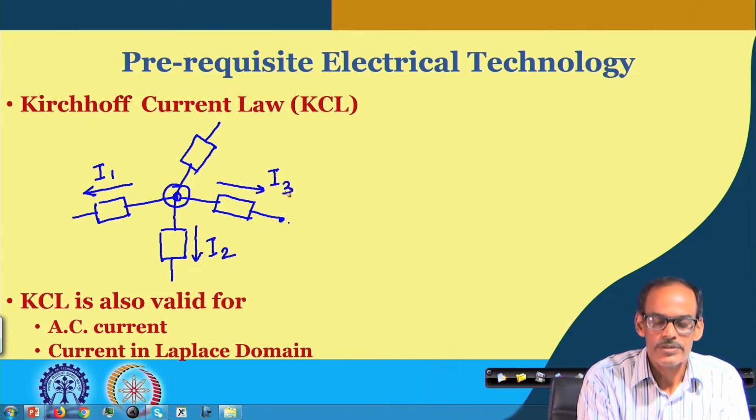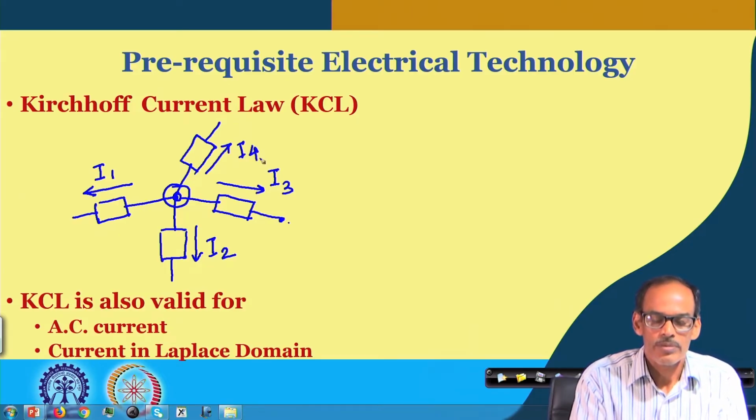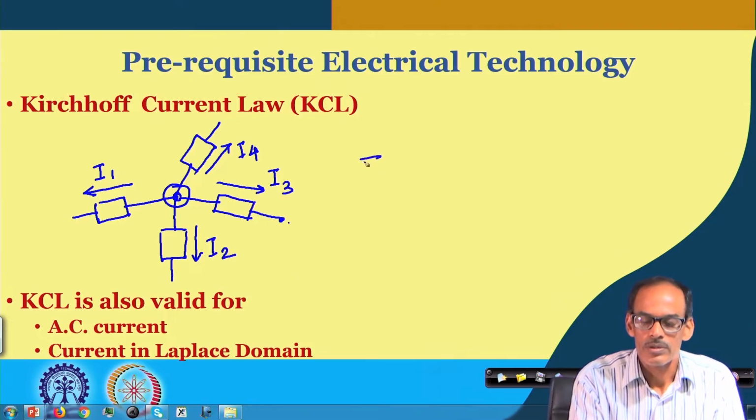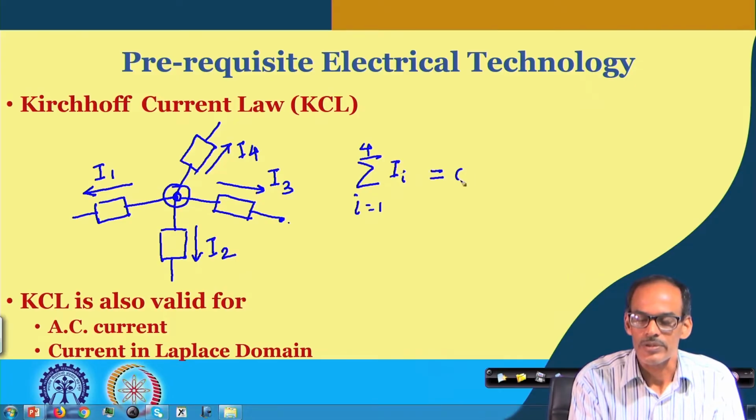So, what KCL says is that the sum of all these currents departing this node is 0. So, the summation of I, where i in this case is 1 to 4, is equal to 0.